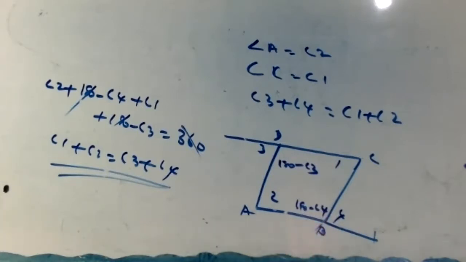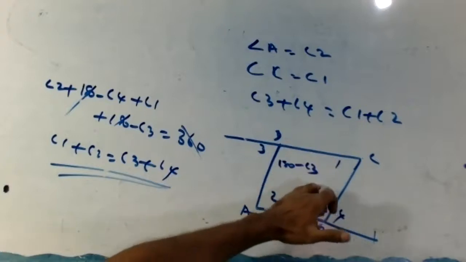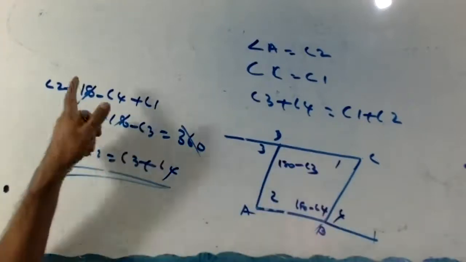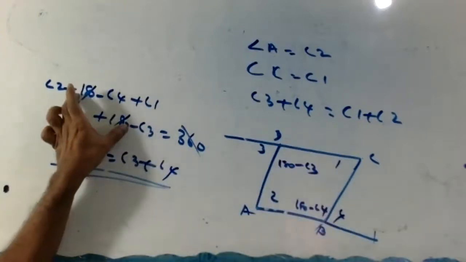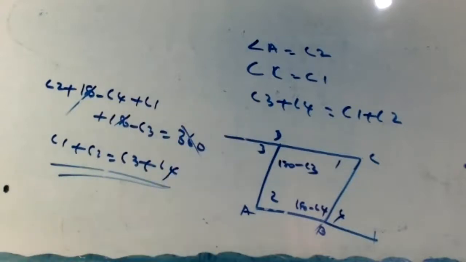Similarly, angle ADC is 180 minus angle 3, linear pair. And we know that in a quadrilateral, sum of the angles is 360 degree. Angle 2 plus 180 minus angle 4 plus angle 1 plus 180 minus angle 3 equal 360. 180, 180 this side, 360 this side, cancel it.